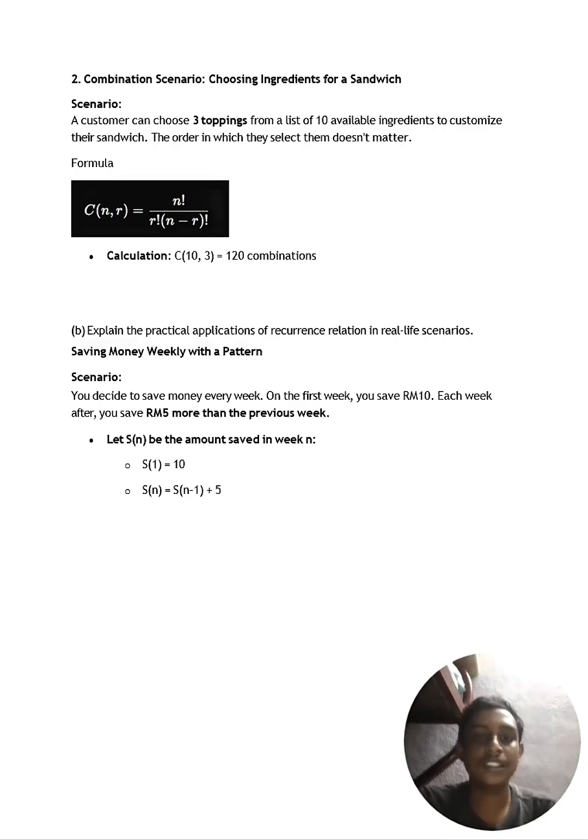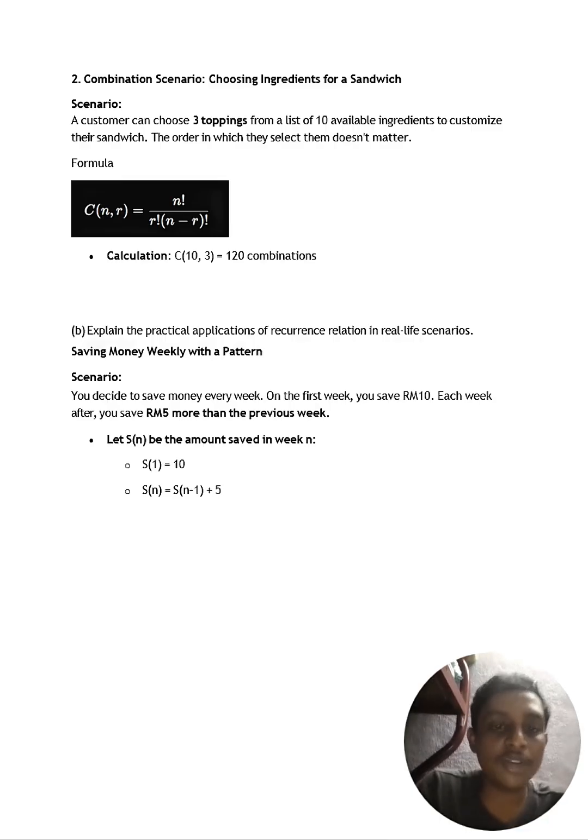Combination scenario: choosing ingredients for a sandwich. A customer can choose 3 toppings from a list of 10 available ingredients to customize their sandwich. The order in which they select them doesn't matter. The formula we can use is n factorial over r factorial times (n minus r) factorial.